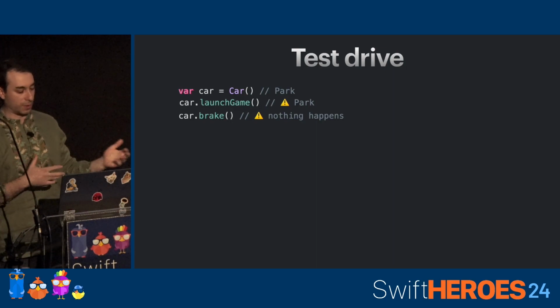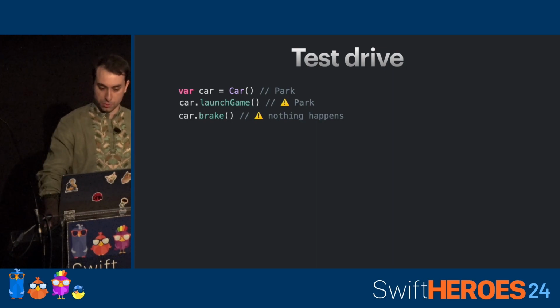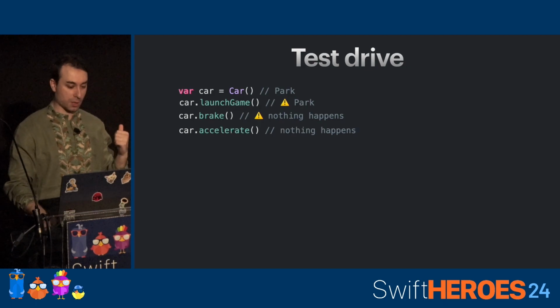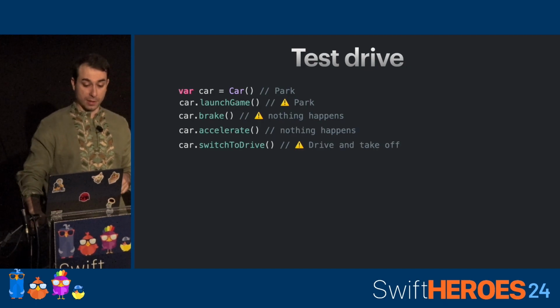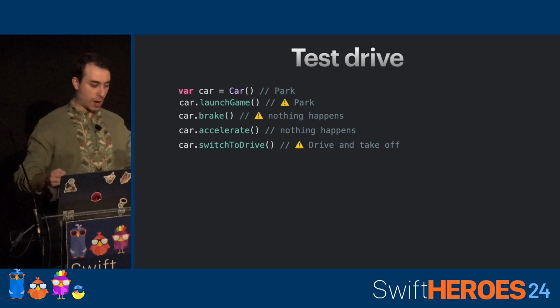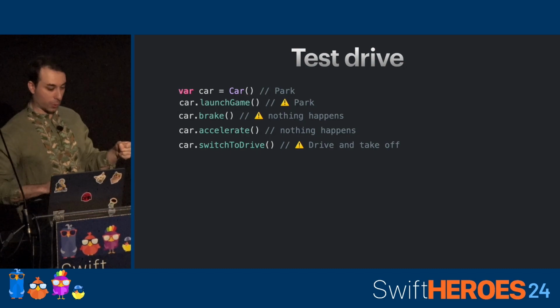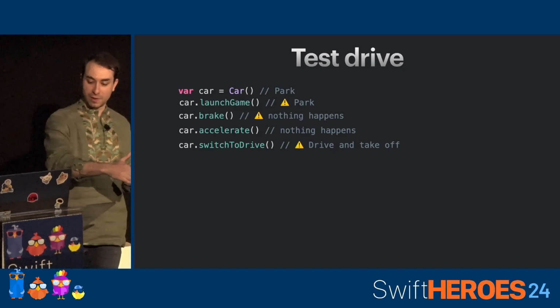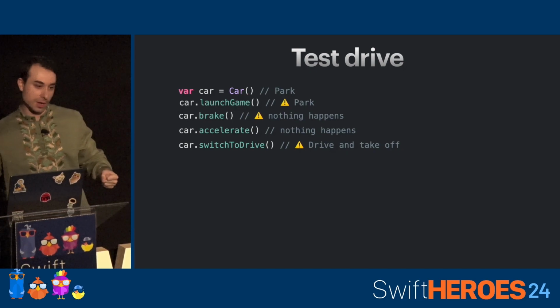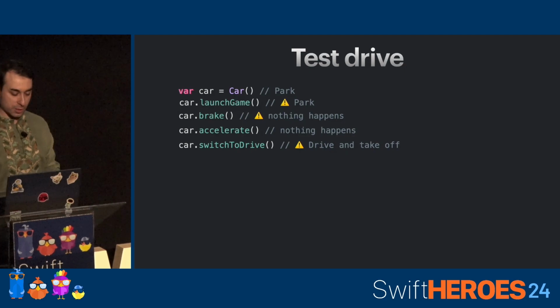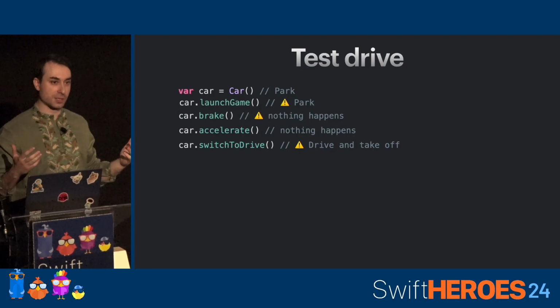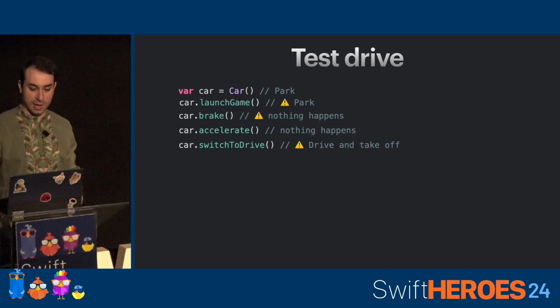The game is actually fine, but now we're not sending signals to the infotainment system because we're in park mode. And even worse, if while playing the game we tap on the acceleration pedal, we switch to drive, and the car will happily switch to drive and hit the wall, because it thinks that it is still in park mode, not in game mode.